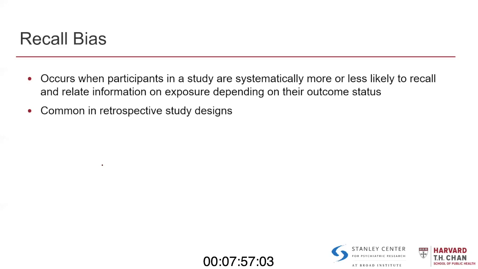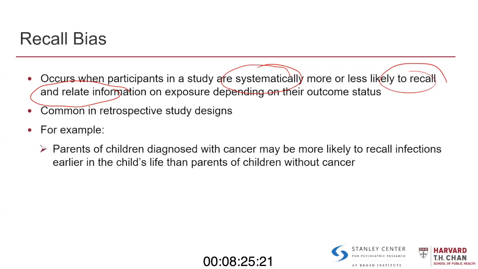So if you have a study where there is systematically a difference between the exposed and unexposed, or diseased and non-diseased group, to recall their history of information, then this type of bias is introduced. It is common in retrospective study designs. As you know, case control study is also going back in time, so that is another common type of bias that you see in case control studies.